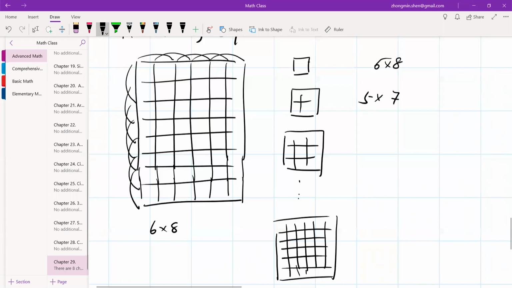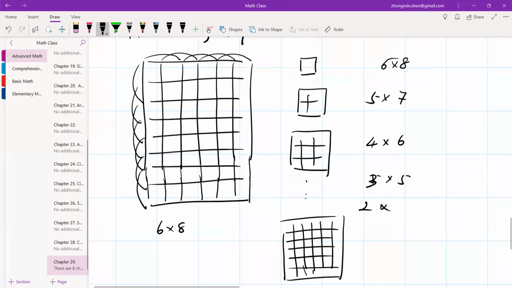And similarly, you will see that it's going to be 4 by 6. Okay, 5 by... 3 by 5. And then 2 by 6. Then 2 by 4. Okay, always confused. 1 by 3. Right?